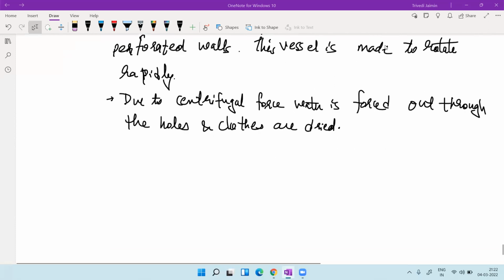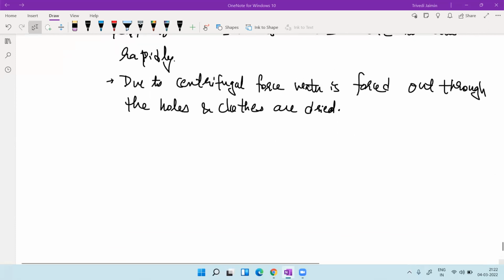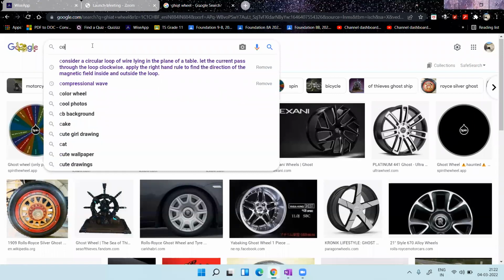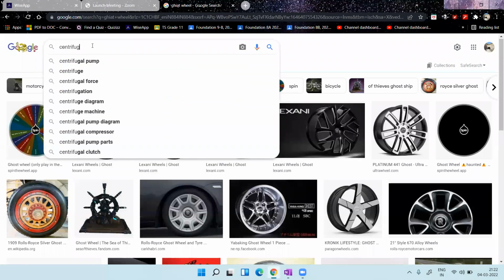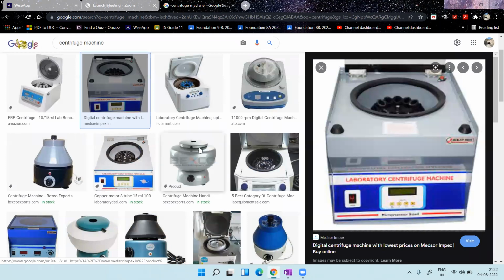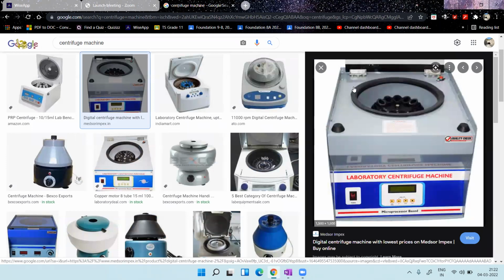Actually, I want to show this device. Let me just show you. See, this is also similar to that. Can you see this screen? I have shared my whole screen.